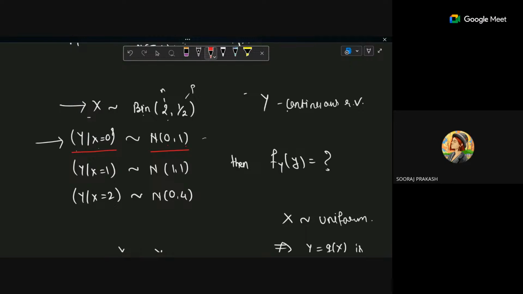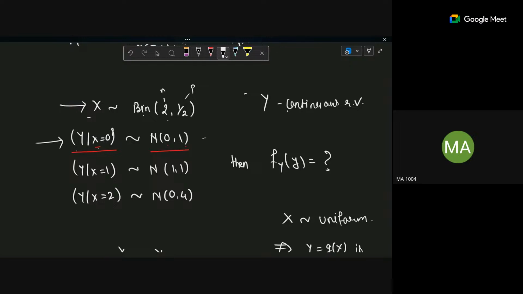Why the normal distribution with 0 and 1? How does this 0 and 1 connect with y given x equal to 0? That comes because x has taken a value. Like I told you, whenever y given x is equal to 0, that means when the experiment happened, there was a condition that x had already taken value 0.